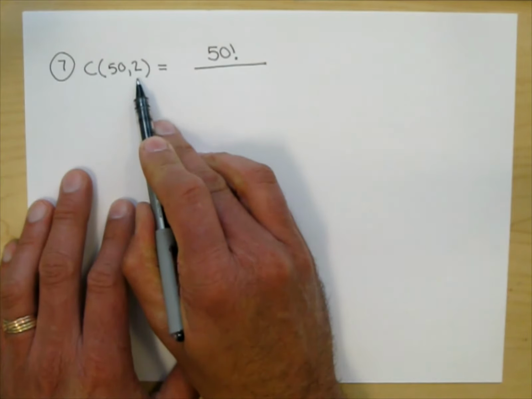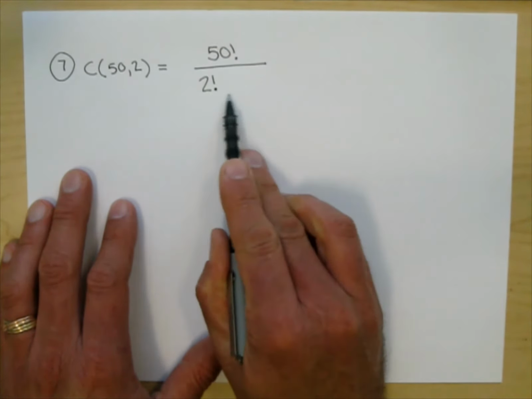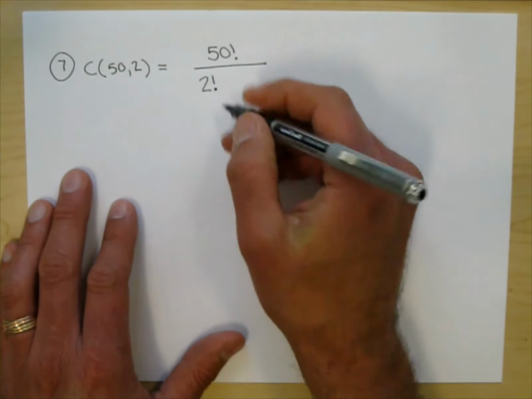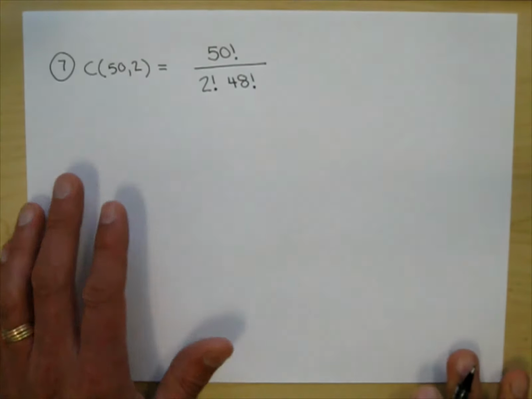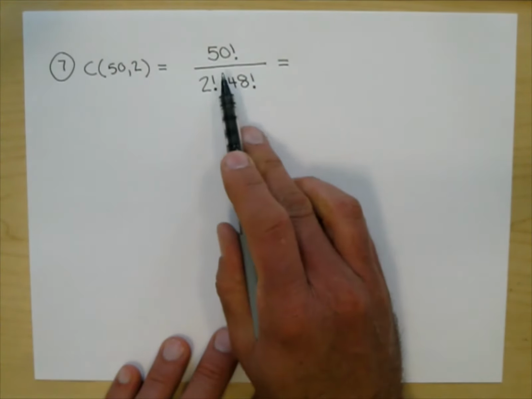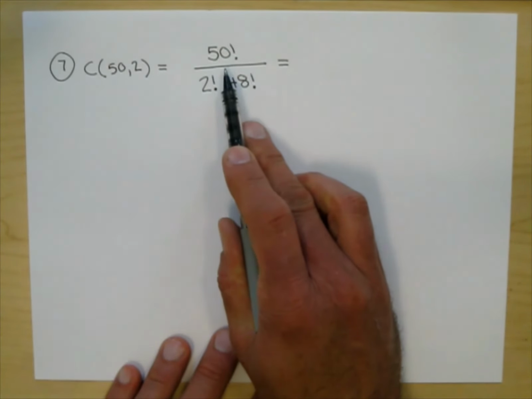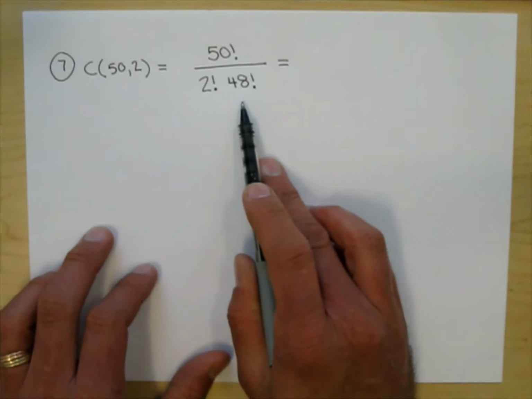And then you put the small one on the bottom, 2 factorial. And then you want to go 50 minus 2, which is 48 factorial. I'm not going to verbally say 50 factorial because it goes all the way down to 1, but I'm going to just make it go down to 48 factorial.